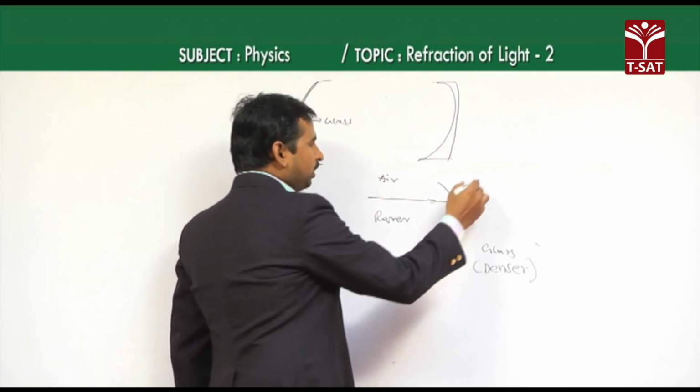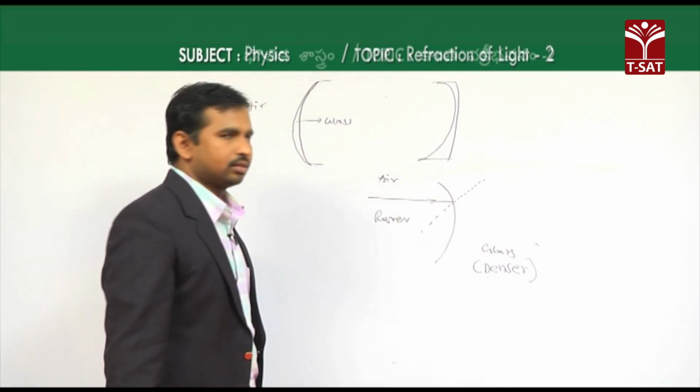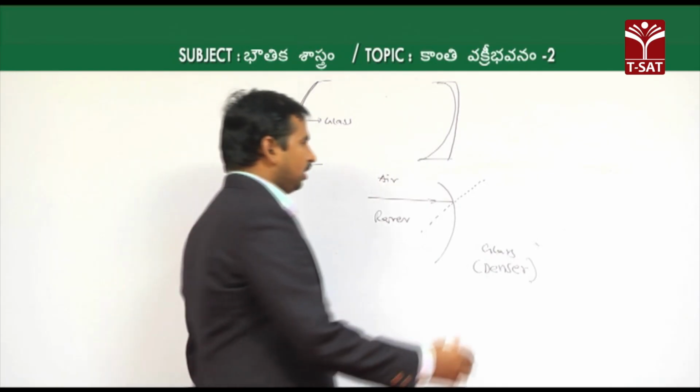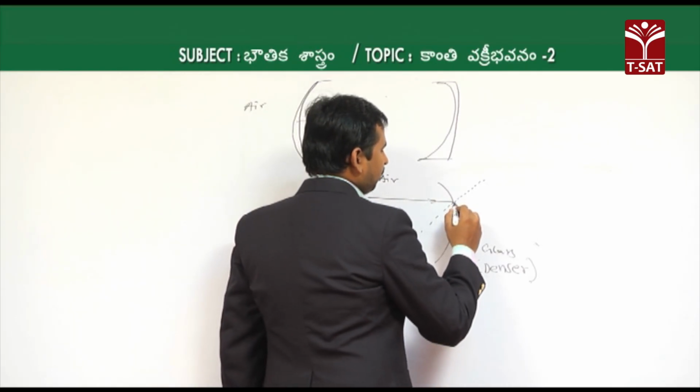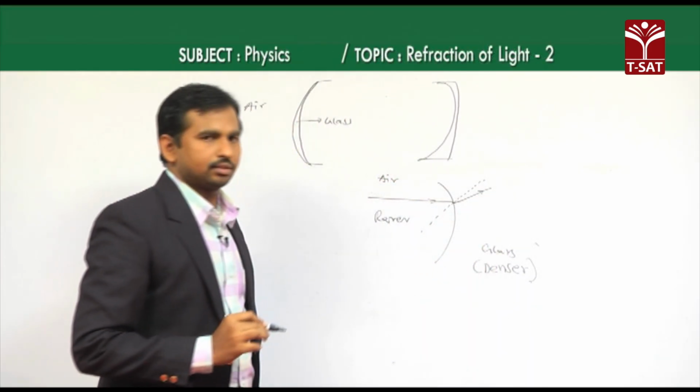And the normal here you can take for this curved surface like this. As it is coming from rarer to denser, the light ray bends towards the normal, which means the light ray passes like this.